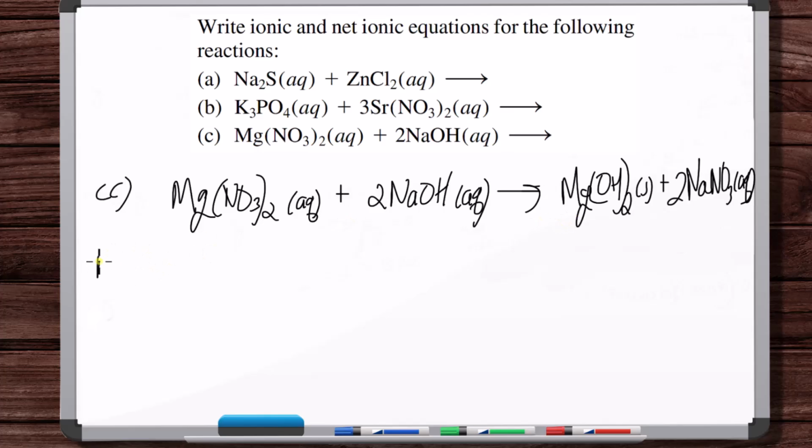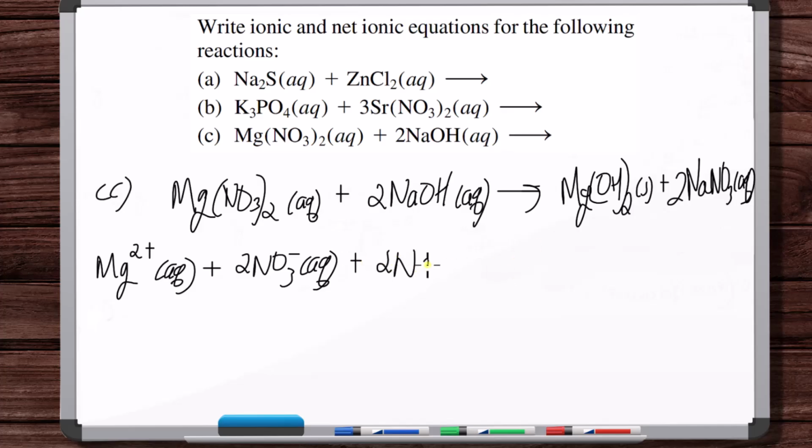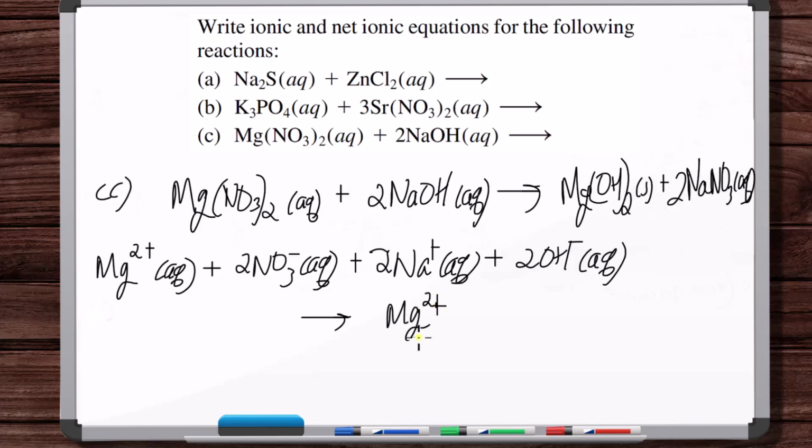Now the ionic equation. Then 2NO3-, 2 Na+. Okay, now an Mg.